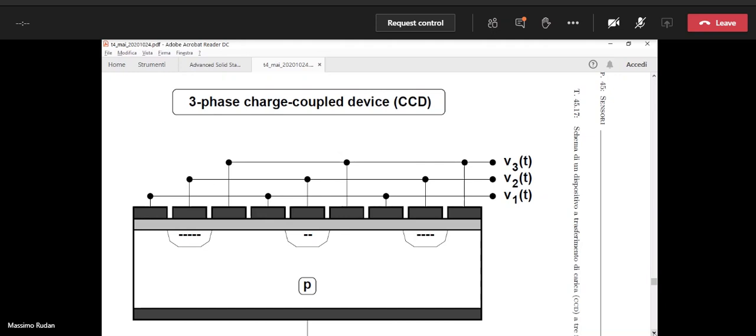Now the point is, how can we read these packets of electrons?